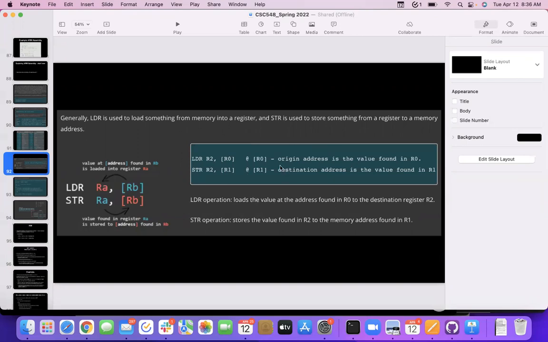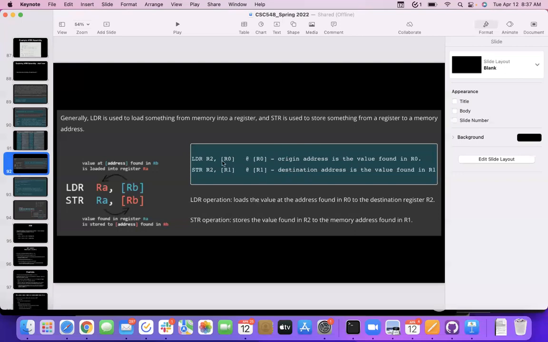So that's what's happening with these load instructions. Now notice, if we do load into R2, remember we looked earlier at the syntax for an ARM instruction. The very first thing that's in there, well, we have our mnemonic, then the next thing is our destination. So we're going to load something into register R2. And what are we loading? Well, the original address is the value found in R0.